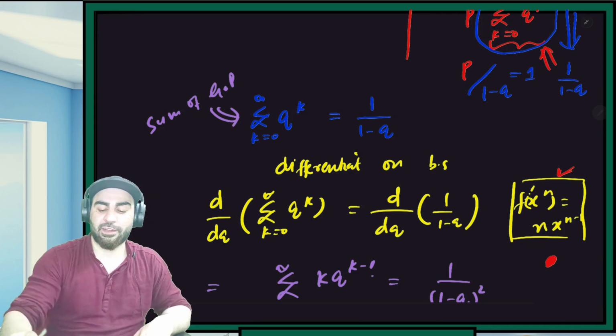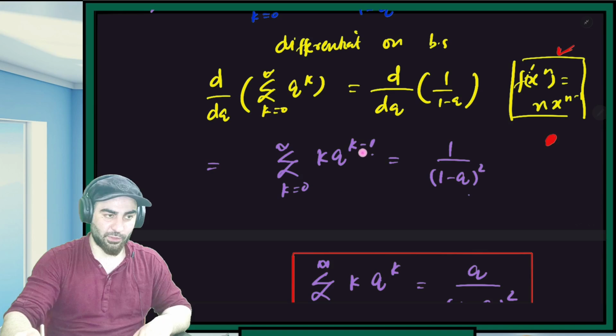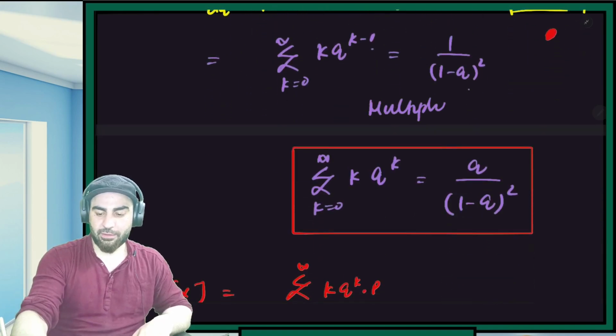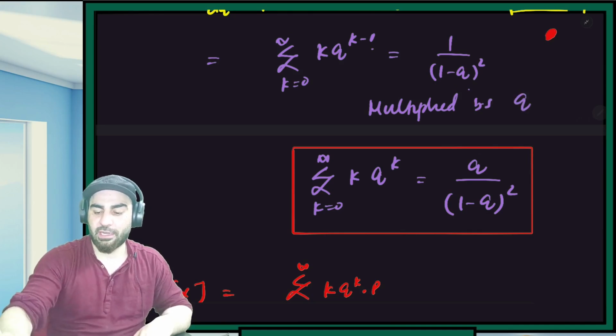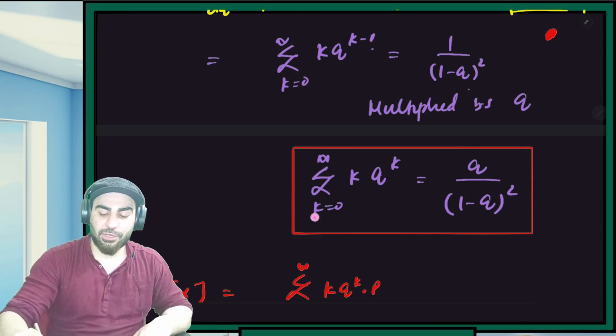So I differentiated it, and because of the differentiation I got this, but I wanted to get rid of this k minus 1. So what I did is I multiplied both sides by q, so that's why I got a q on this side. That way I can remove this 1 from here, and now I perfectly have the summation of k q to the power k from 0 to infinity equal to this.